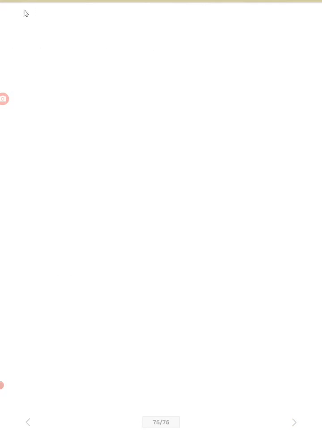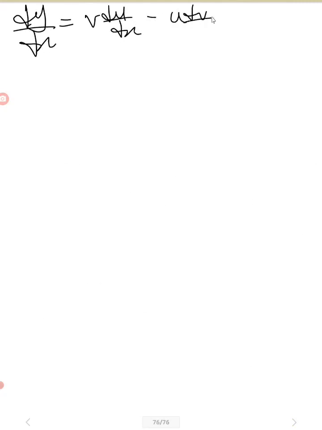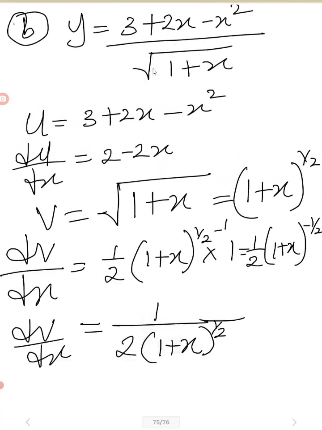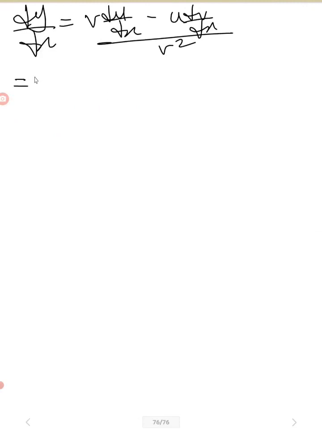So therefore, dy with respect to s, which is v du dx minus u dv dx over v squared. Let's start substituting one by one. If our v is root 1 plus x, making 1 plus x raised to power half, multiply.